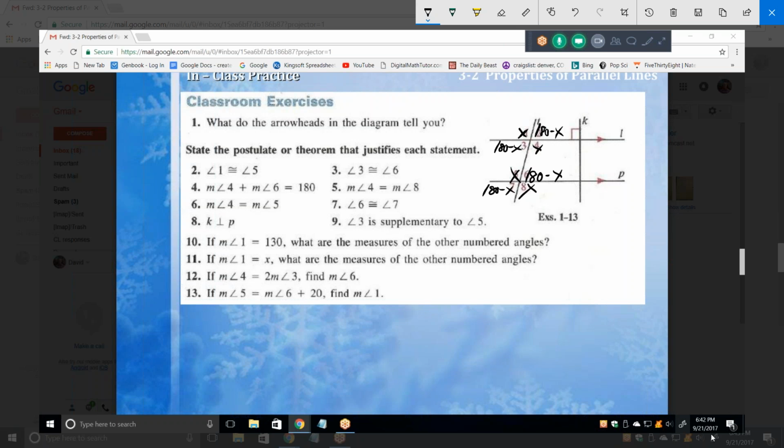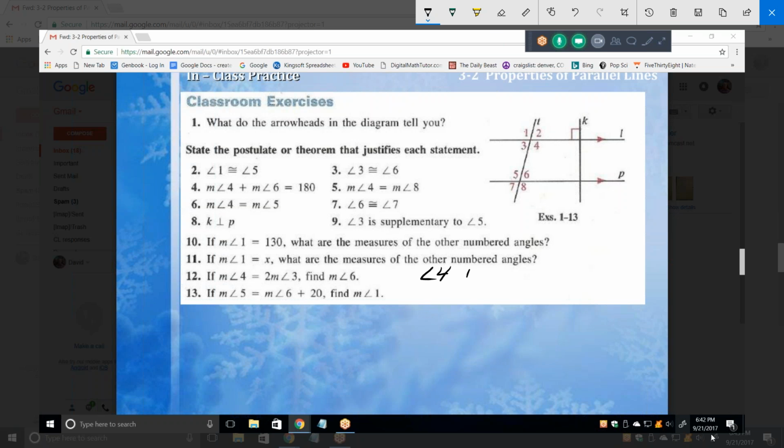Okay. If the measurement of angle 4 is equal to twice the measurement of angle 3, find angle 6. So if angle 4 is twice the measurement of 3, how do we figure out angle 4? You double 50.